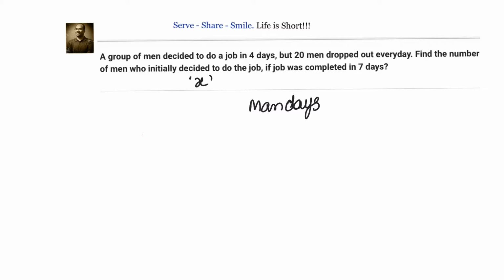So in the first scenario we have X men into 4 days, that should be equal to, here we have 7 days. In the first day we have X, second day it is X minus 20, like that we have to go for 7 days, or basically we have to do 7 terms.